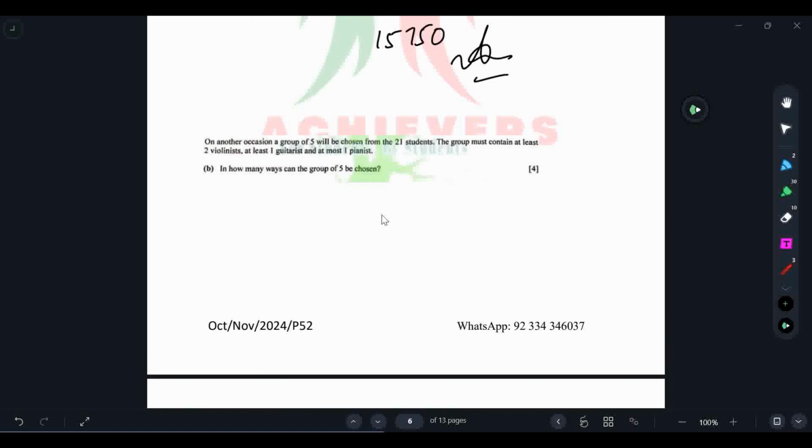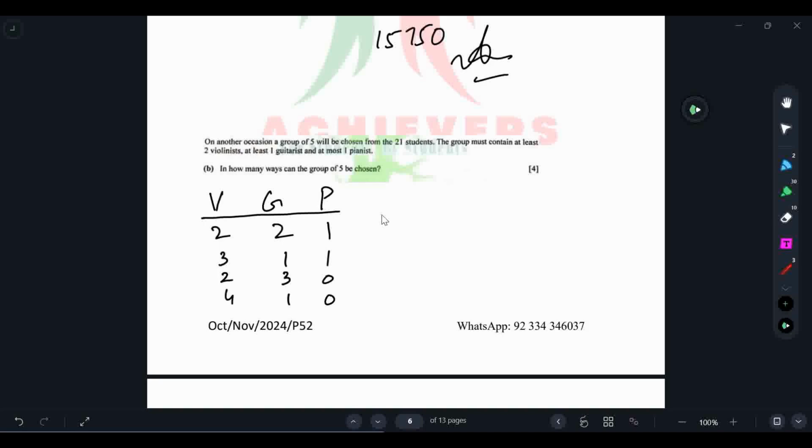Now what does it mean? We have to choose 5. So we can make a group over here: V, G and P. There is a possibility that we can choose 2, 2 and 1, or 3, 1 and 1, or 2, 3 and 0, or 4, 1 and 0.